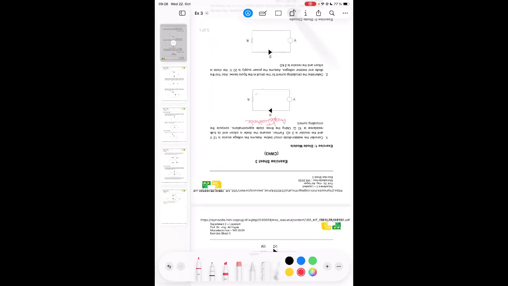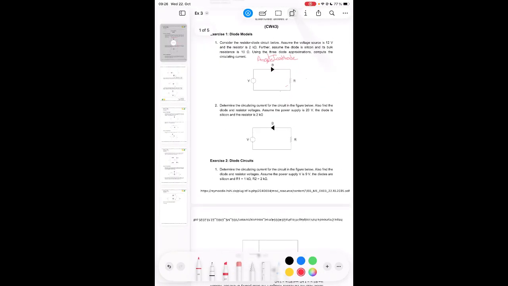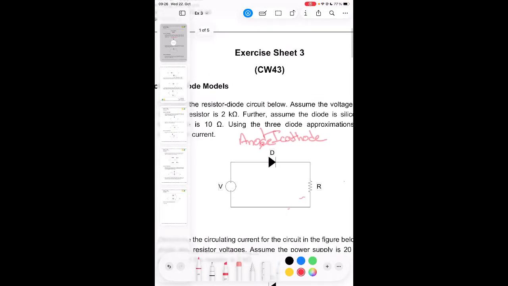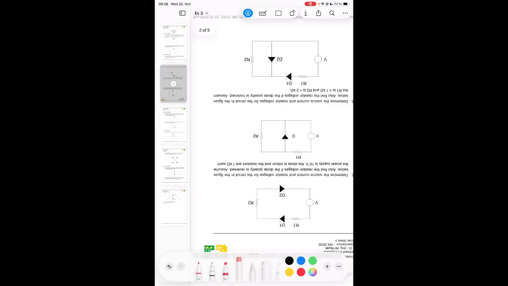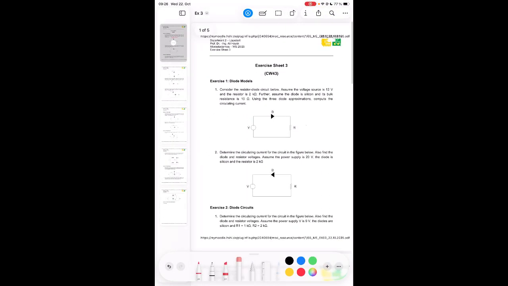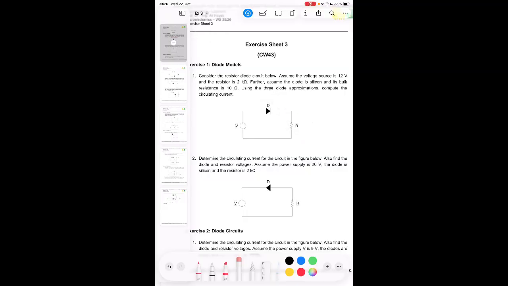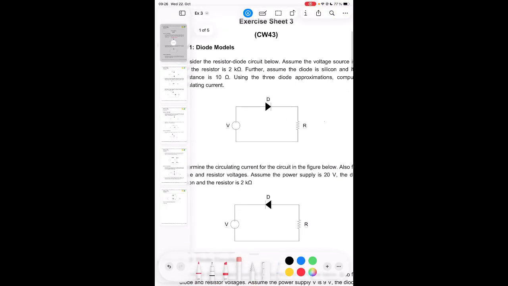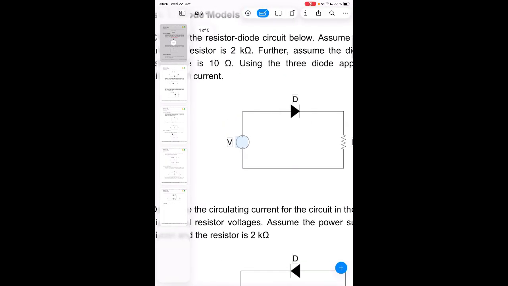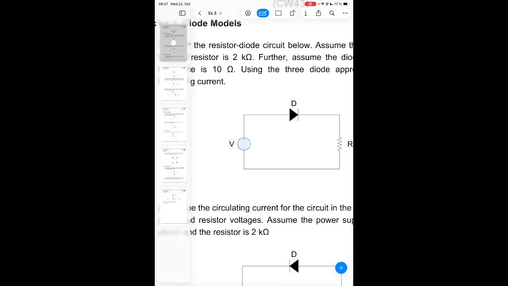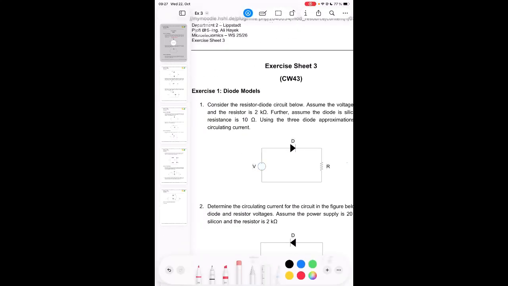That means conventional current is the other way around. So let's just do it now for the ideal model, we have the circuit with our voltage.